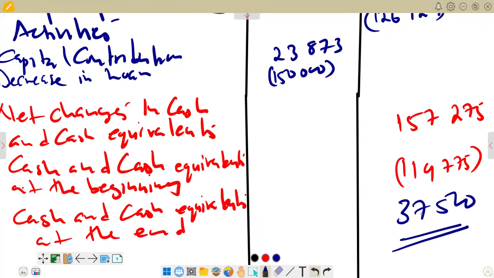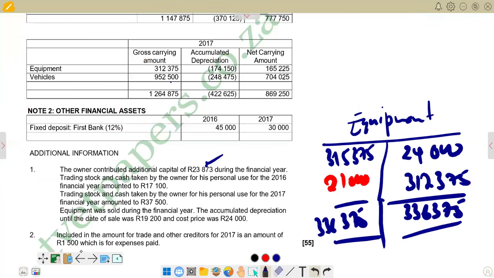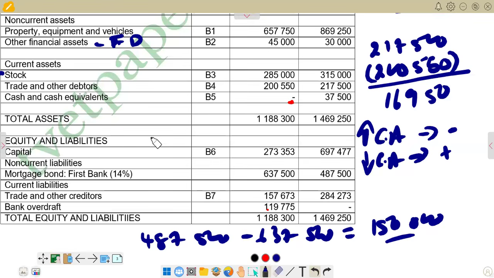To show that we've done it correctly, you go and check the cash and cash equivalents at the end in the balance sheet. It should be the same as this one. So we come here, and you see that at the end we have got cash and equivalents of 37,500, which means we've done it the correct way. Remember, on bank overdraft we've got 0, so it means our cash and equivalents at the end is only 37,500.